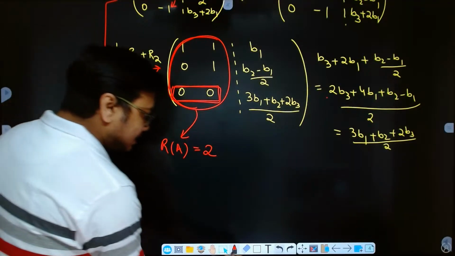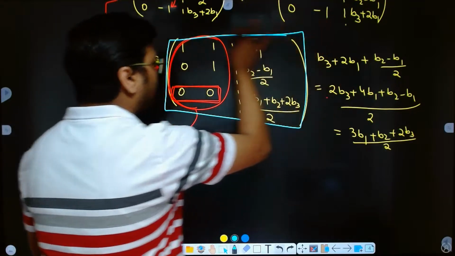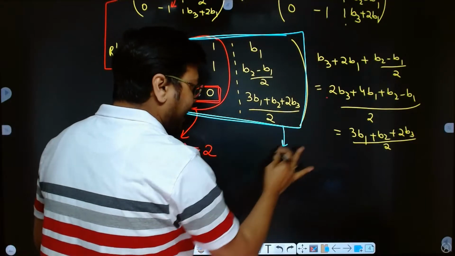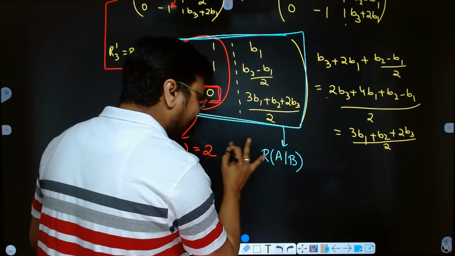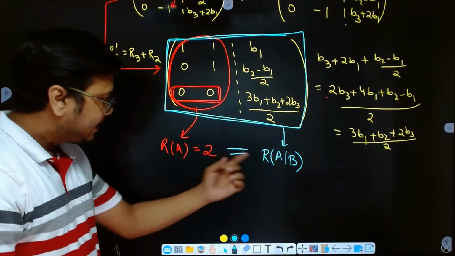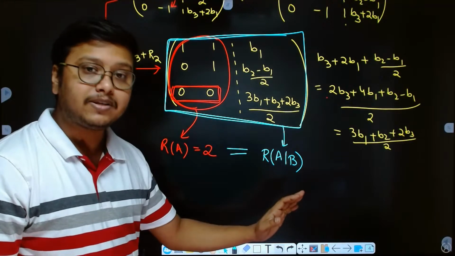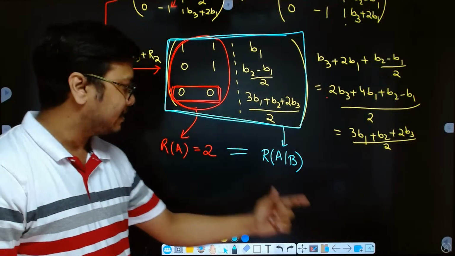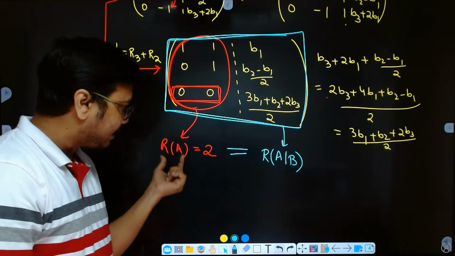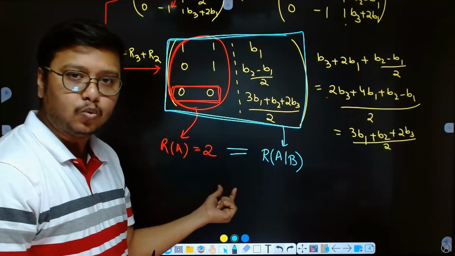Now, if I consider the entire augmented matrix, the rank of the augmented part also has to be equal to 2. If it is unequal, then it will go to the no solution case. But the question is saying it has to be solvable, so I cannot go to the no solution case. I have to make this rank equal to this rank, which means I have to make the entire rank 2.